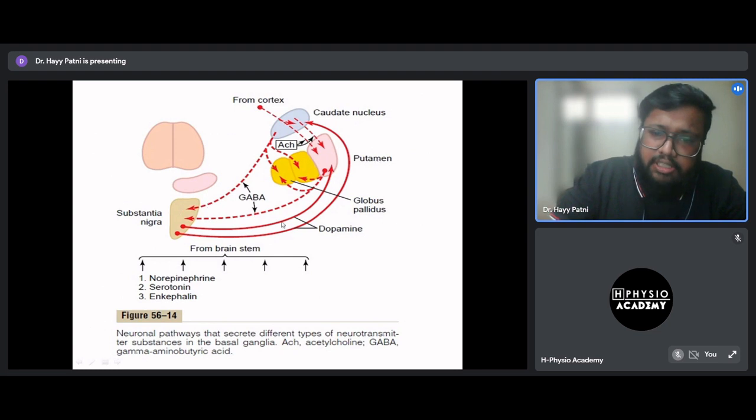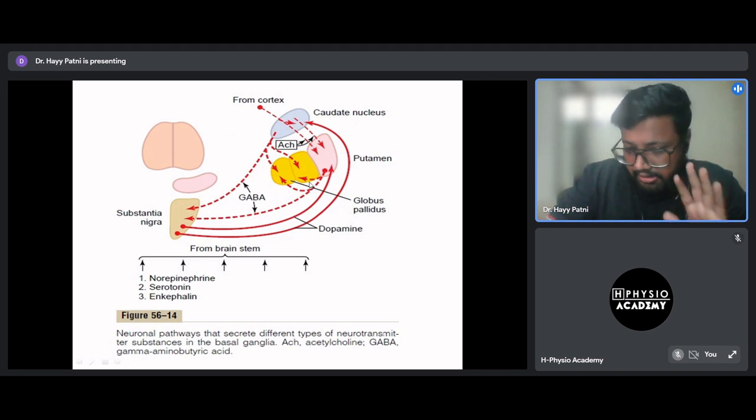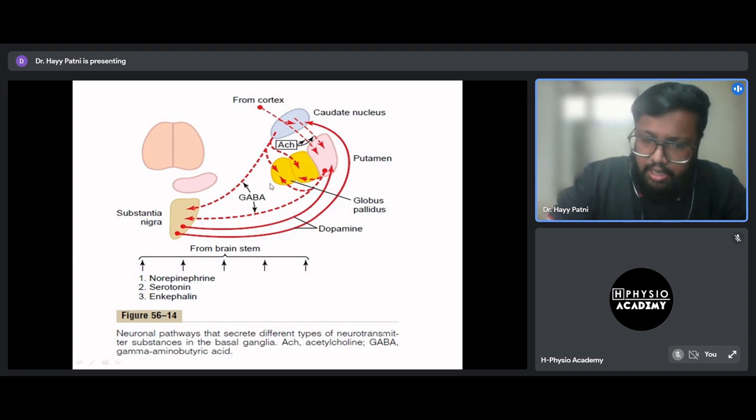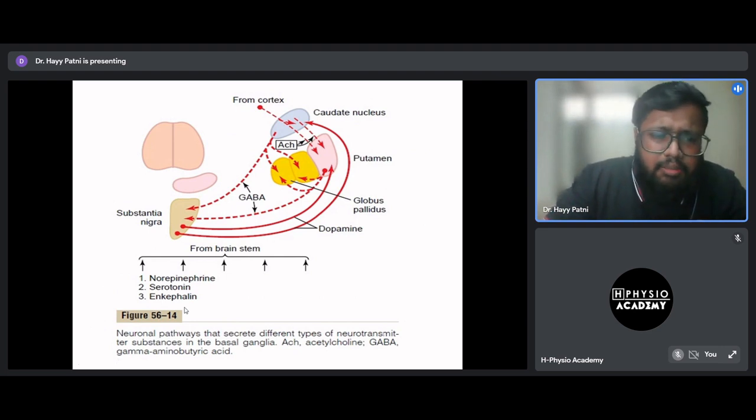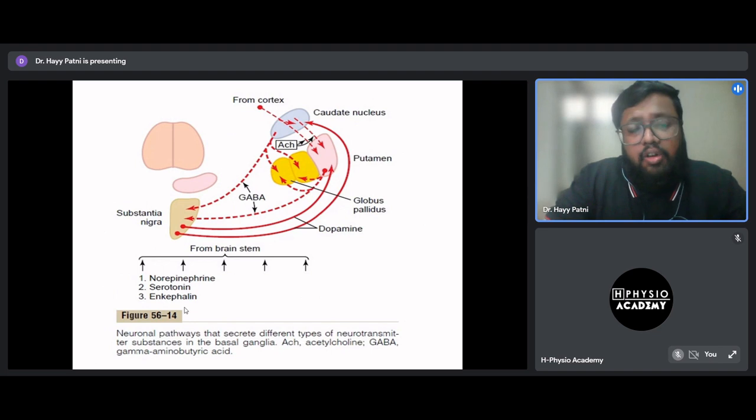From the substantia nigra to the caudate nucleus and putamen is the dopamine. From the caudate and putamen back to the substantia nigra are GABA pathways, and the globus pallidus internus and externus have GABA pathways as well. And there are some afferents coming from the brainstem, serotonin and enkephalin.